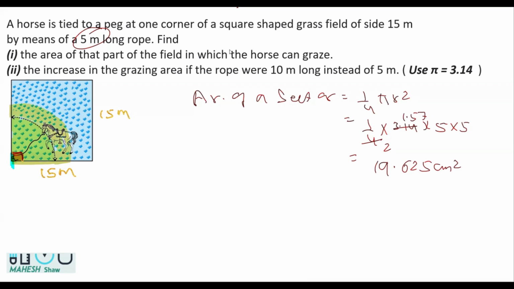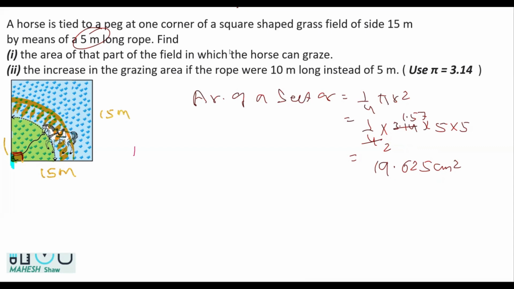Let's say the next sector is this. So we have to find this new area, the one which I'm shading. From the area of the bigger sector, if you subtract the area of the smaller sector, we can get the increase in area, right? That's the increase in area.